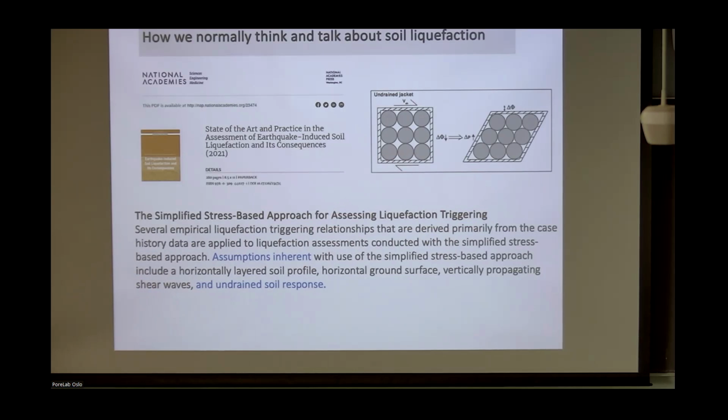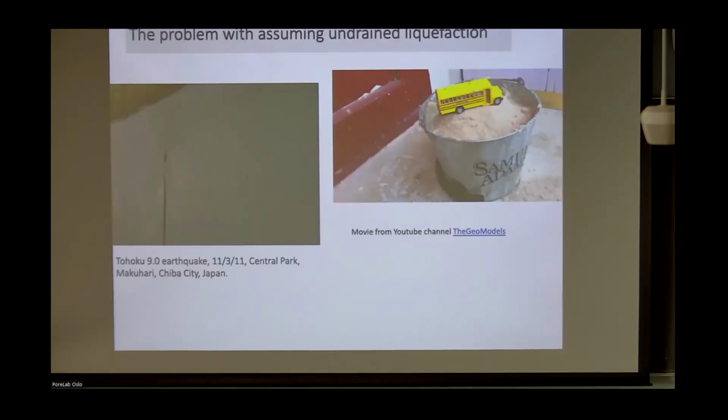That's the conventional idea. The problem with assuming undrained liquefaction is that the evidence doesn't support this always. Sometimes it does, sometimes it doesn't. And there are many features that are not explained by this undrained model.